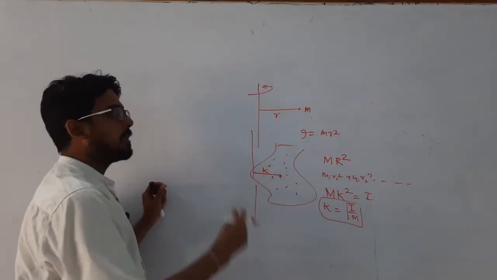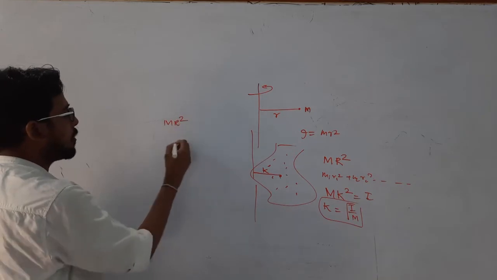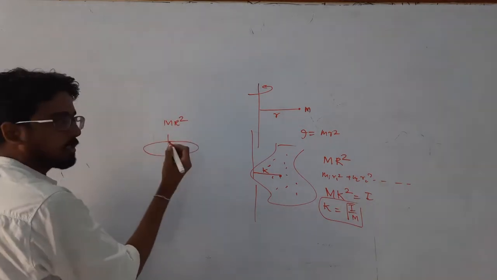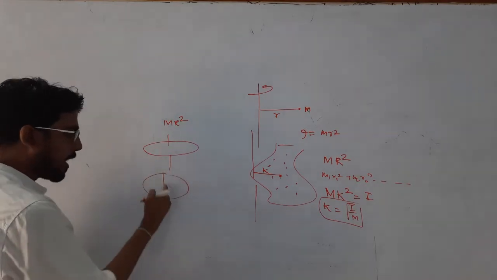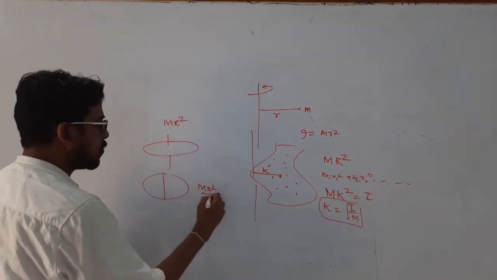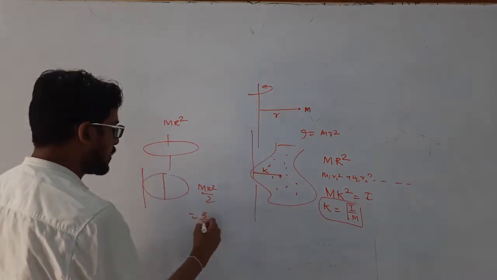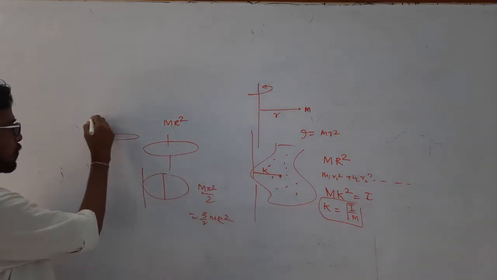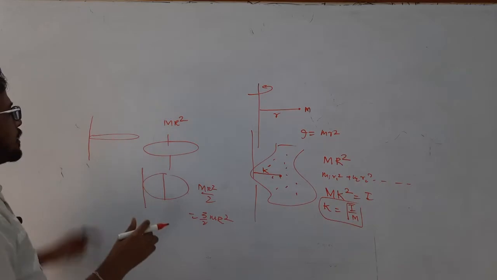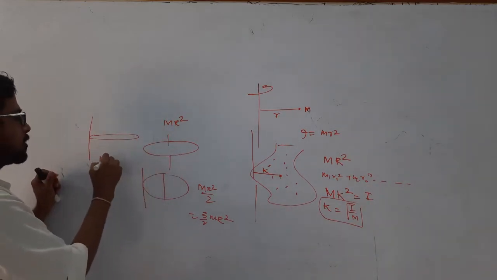We already derived the moment of inertia of a ring, which is mr square about the axis passing through its center of mass. Then we found the moment of inertia of the ring about a diameter, which is mr square by 2, then about a tangent parallel to its diameter, which is 3 by 2 mr square, then about a tangent which is perpendicular to its plane and parallel to the axis passing through the center, and its moment of inertia is 2 mr square.